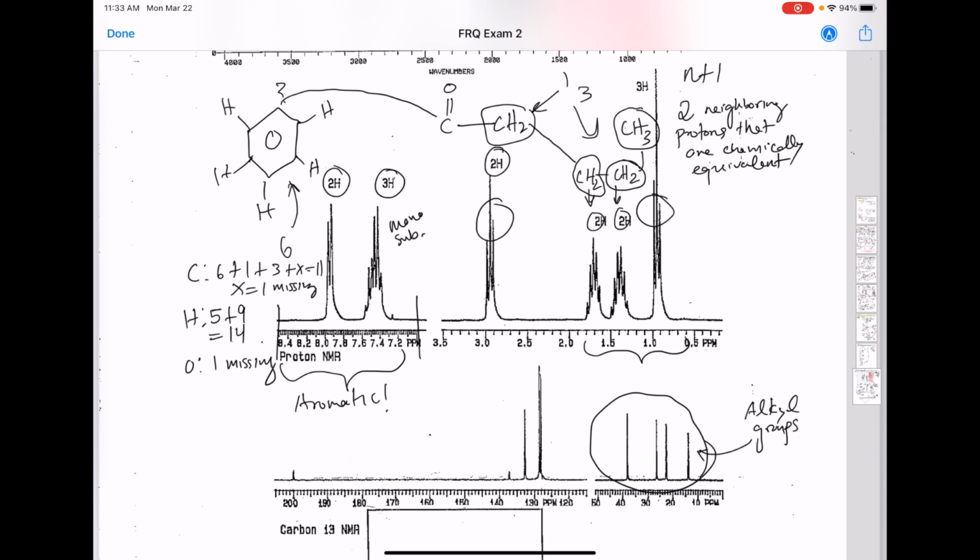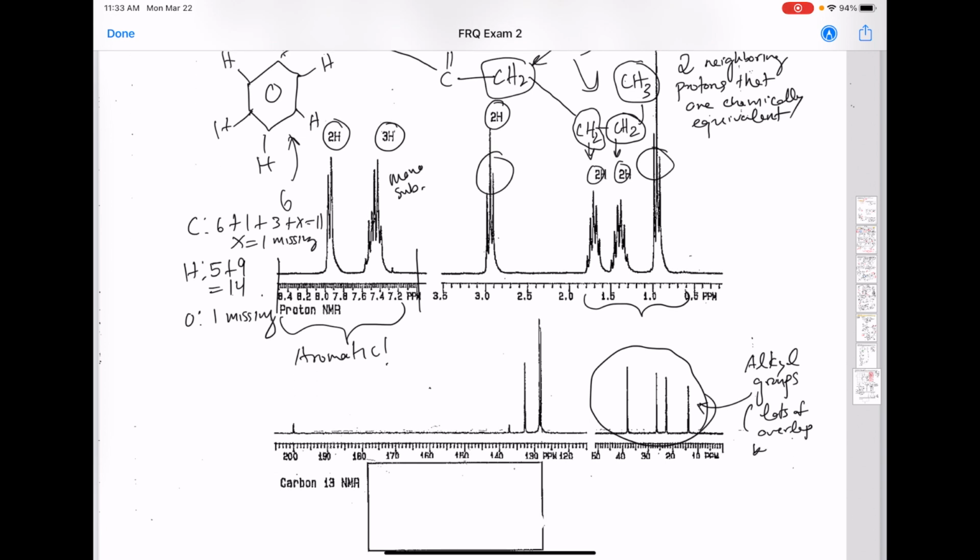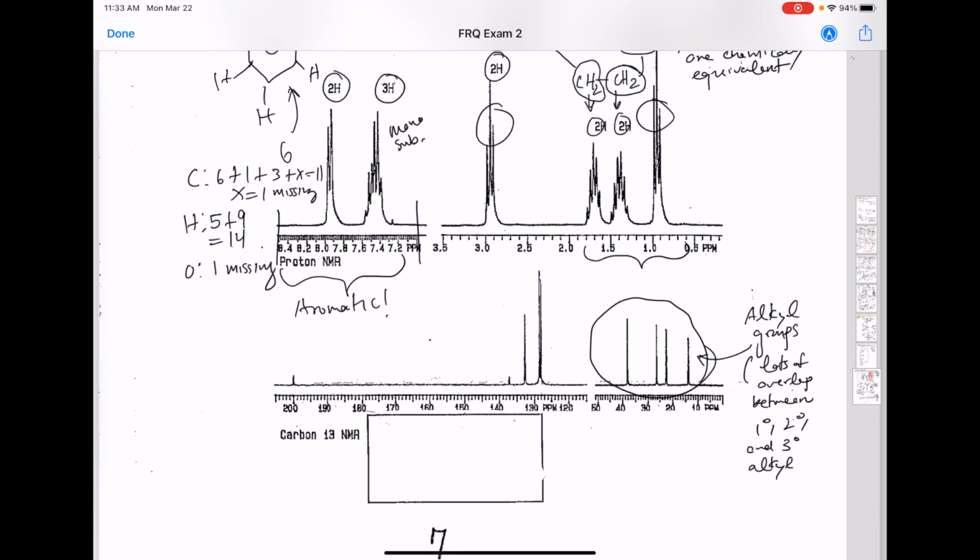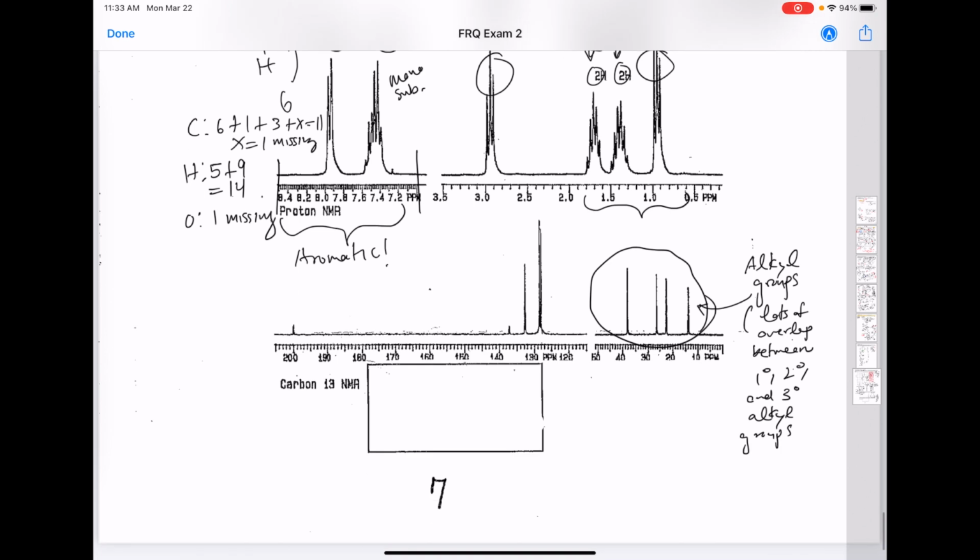This is still somewhat confusing because there's lots of overlap between primary, secondary, and tertiary alkyl groups. But generally, as the degree of substitution goes up, the peaks are shifted more downfield.